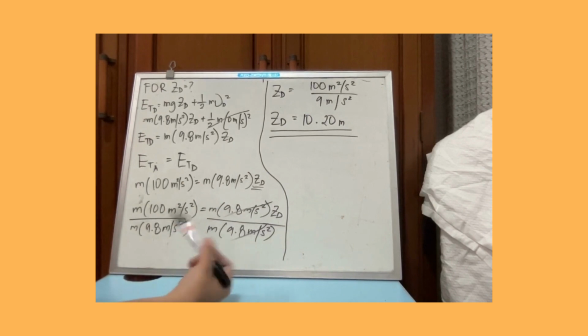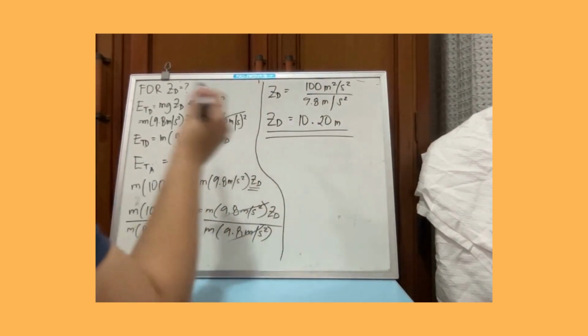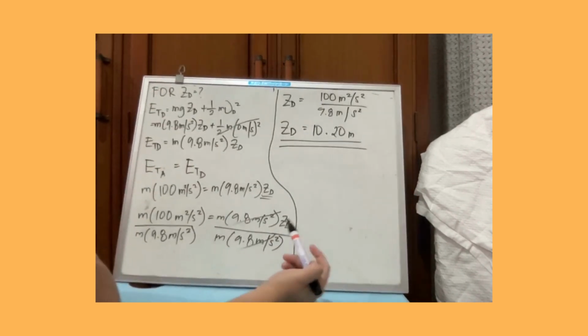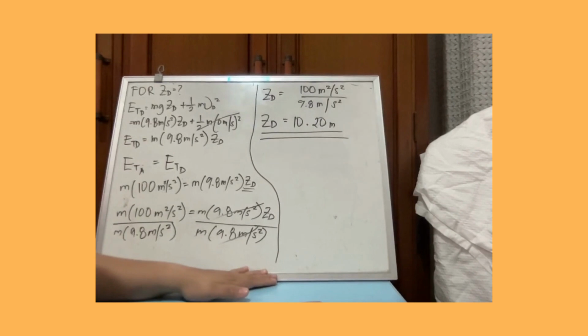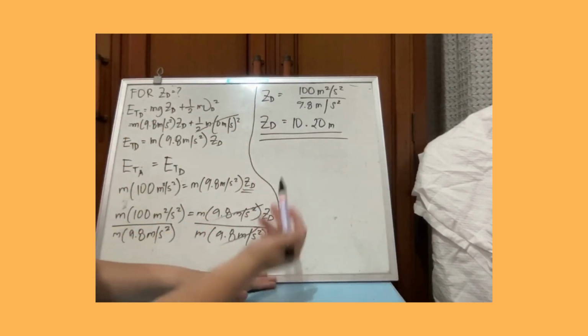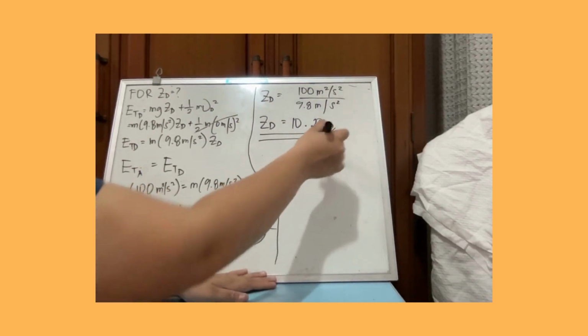Ang matitira is 100 meter squared per second squared divided by 9.8 meter per second squared. And Z sub D is equal to 10.20 meters. Yan na yung sagot.